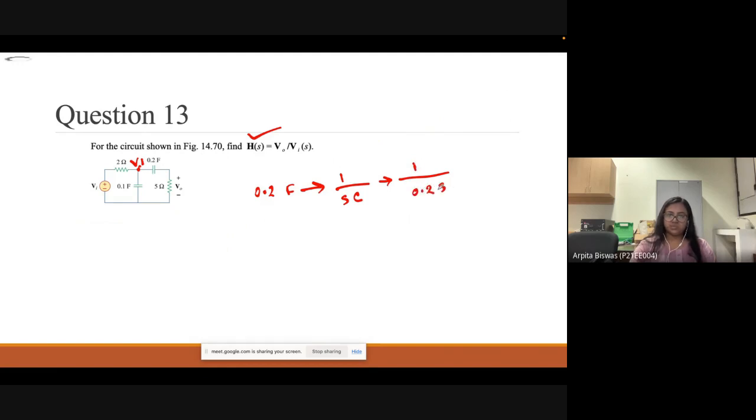0.2 into S. What is the value of it? 5 by S. And then this 0.1 farad, which is equal to 1 by CS, which is equal to 10 by S. Okay.